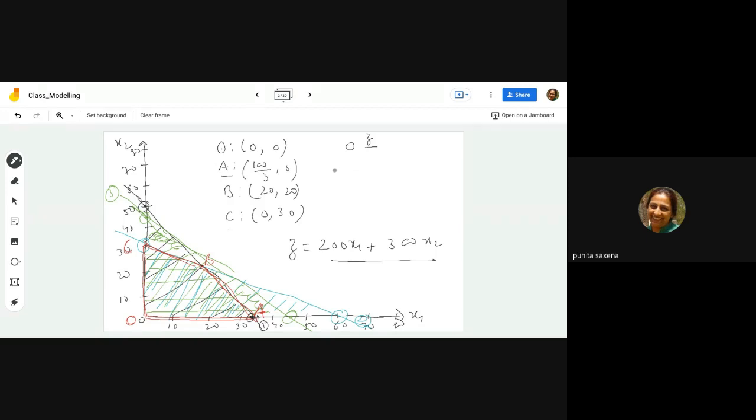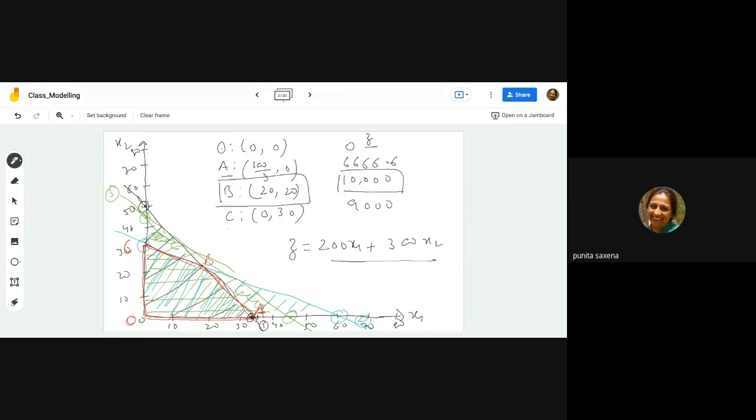The value of z is 6,666.6. And at B, it is 10,000. And at C, it is 9,000. So where do you get the maximum? At B. 10,000 is the maximum, and it happens at B.